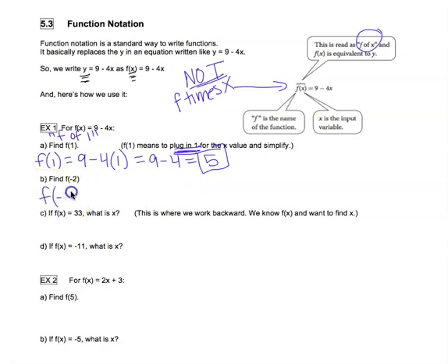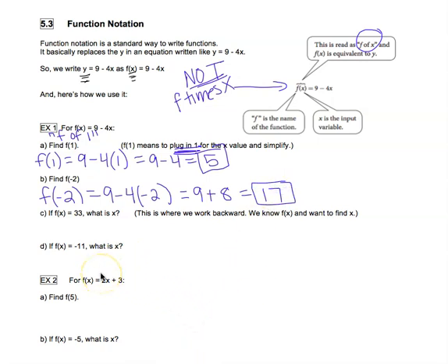So in this case, f of -2 is going to be 9 minus 4 times -2. Again, make sure we follow order of operations. I have -4 times -2, which is +8. So I have 9 plus 8, which then gives me 17.